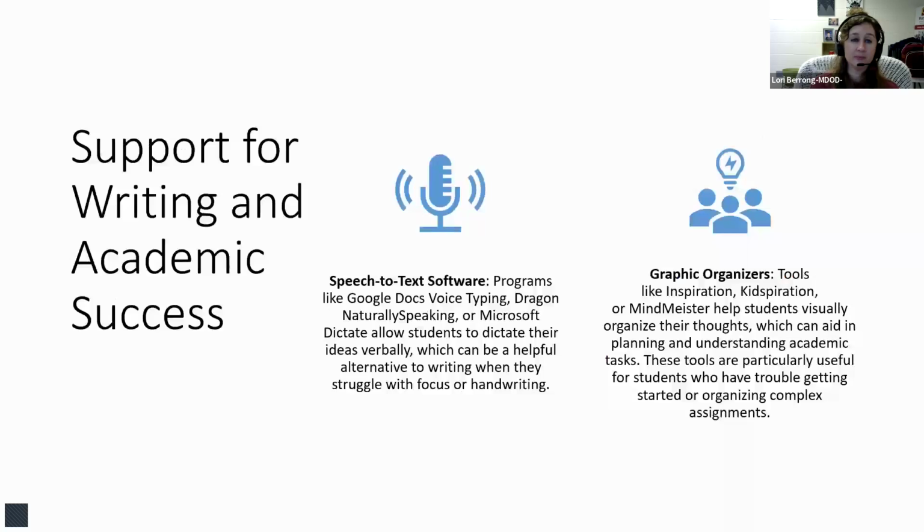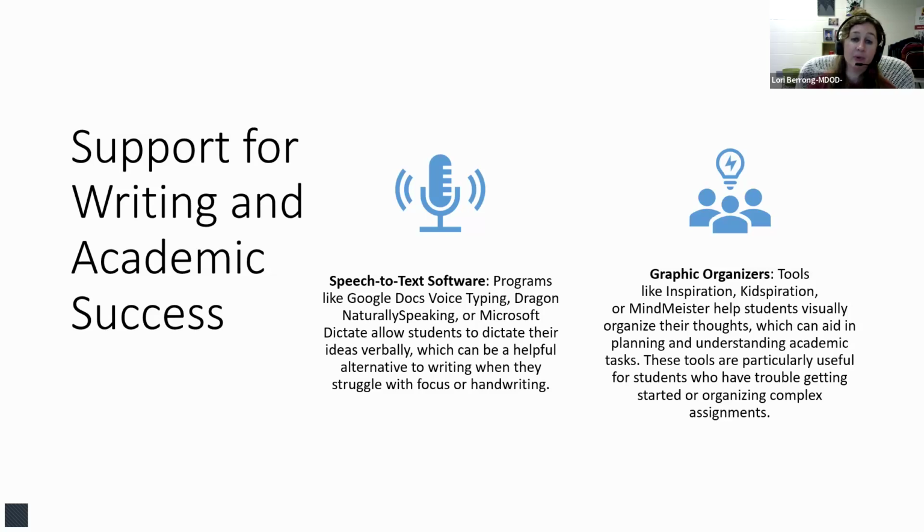Support for writing and academic success is another big area. So certainly we want to support all of those emotional behavioral pieces, but along with that comes sort of those educational challenges. So again, something like speech to text, you can talk right into your text messages, you can talk into your notes, or you can talk into your computer to write a document, send an email.